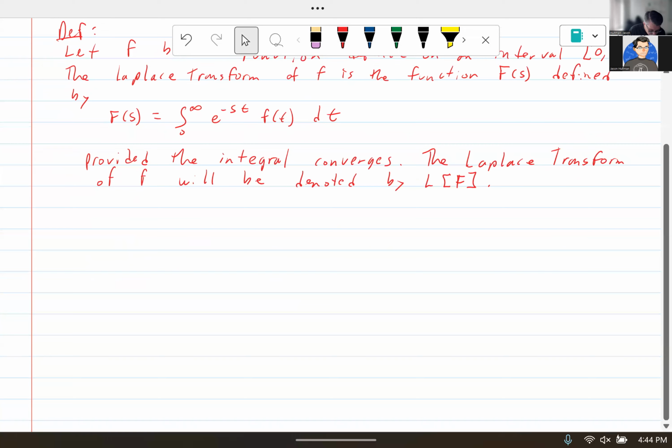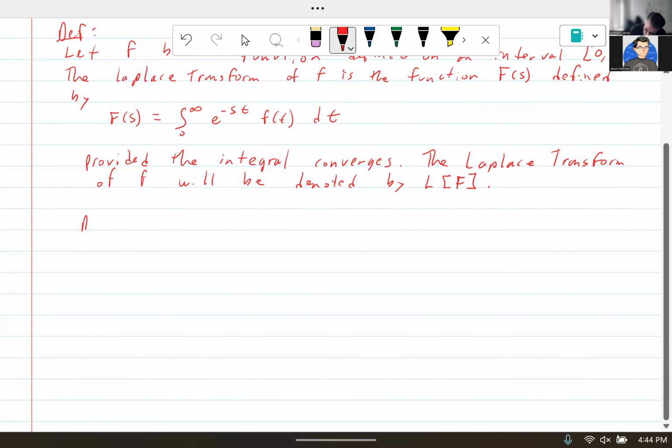So determine the Laplace transform of the following functions.